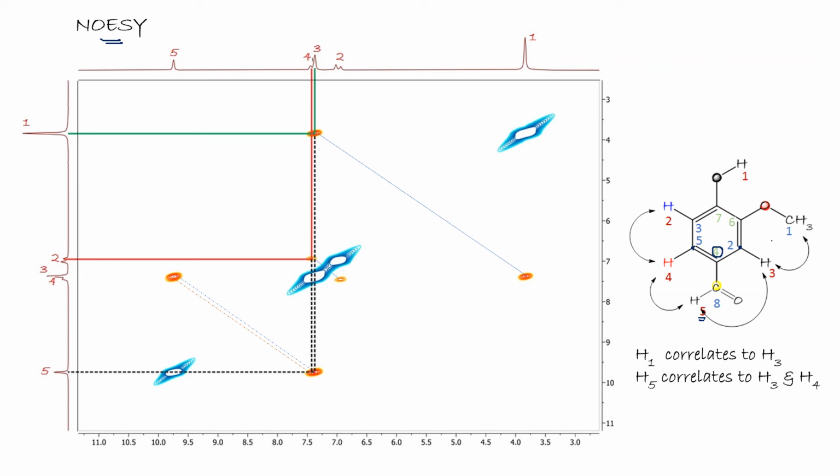What about the OCH3 and the OH? If we have this structure CH3, this hydrogen will be in space close to H3. So we have correlation between 1 and 3.